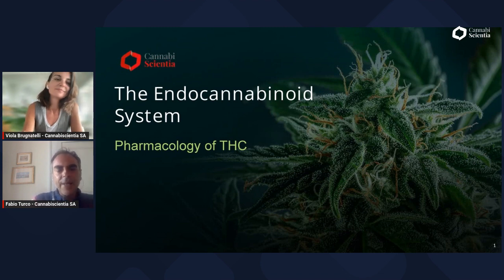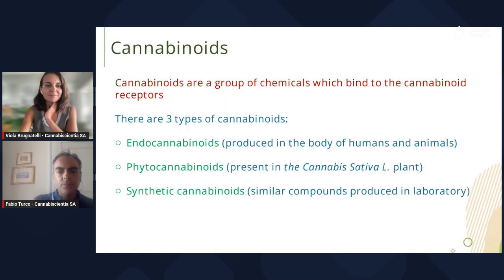Hi to everyone, and welcome to this very brief lesson on the pharmacology of phytocannabinoids, in particular on THC. Let's start to talk about cannabinoids, which are a group of chemicals which bind to the endocannabinoid system. Basically, we have three types of cannabinoids.